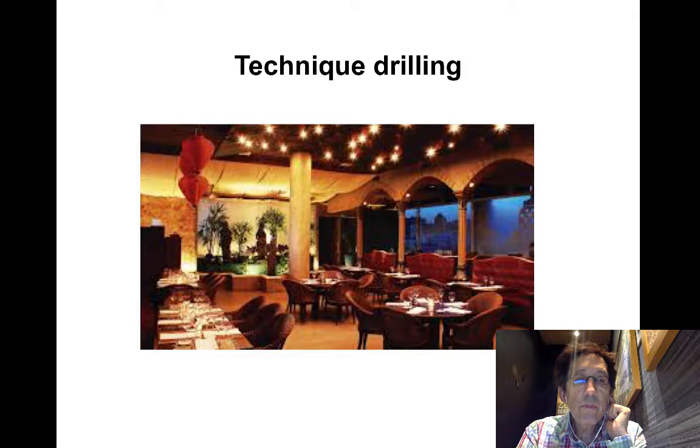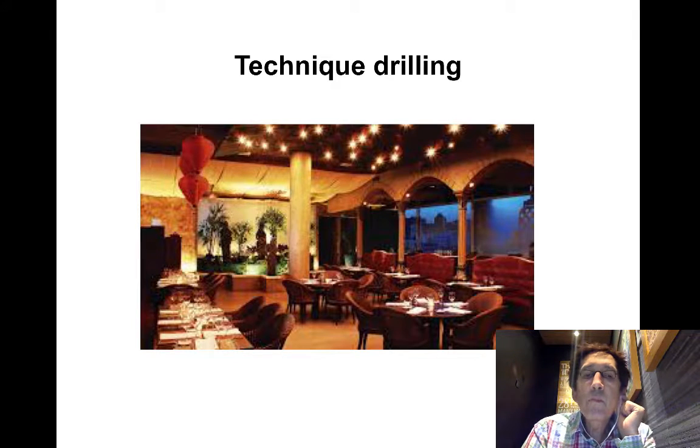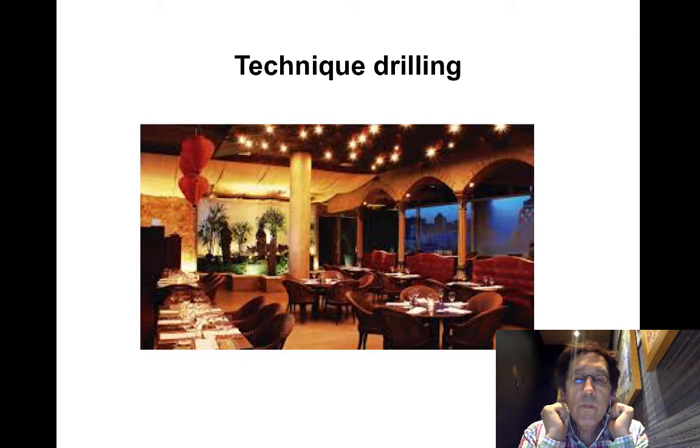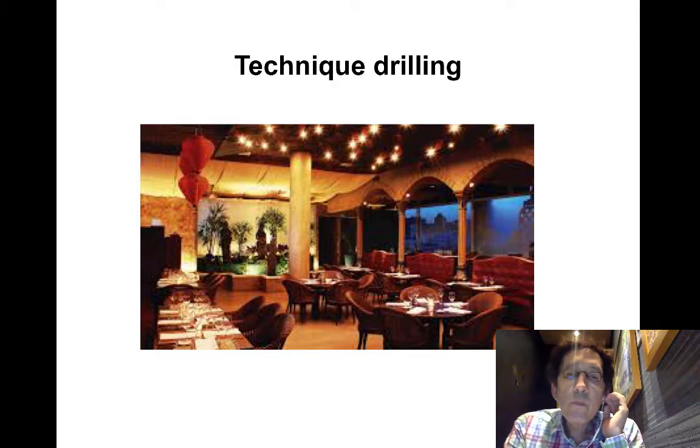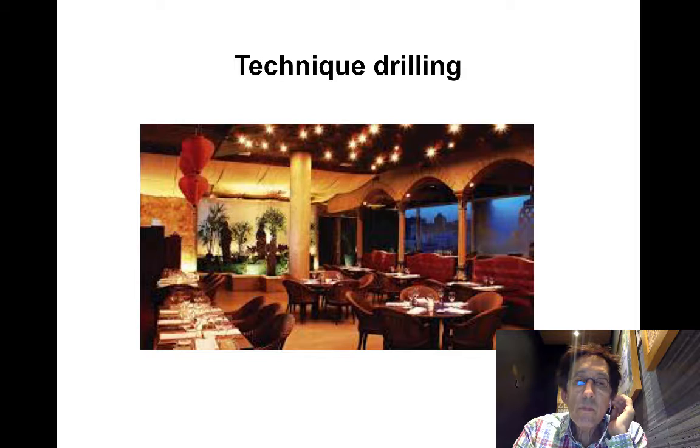Well, we can see the window. We can see across the window. Maybe it is night, and we can see some buildings outside. So I assume this restaurant is in a big city.